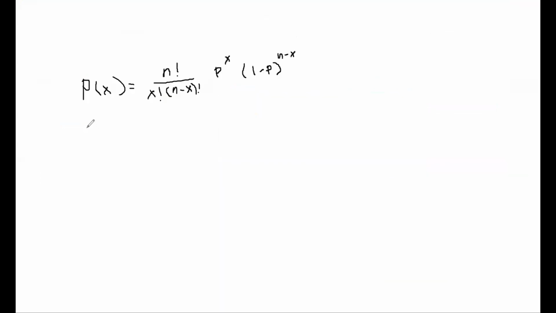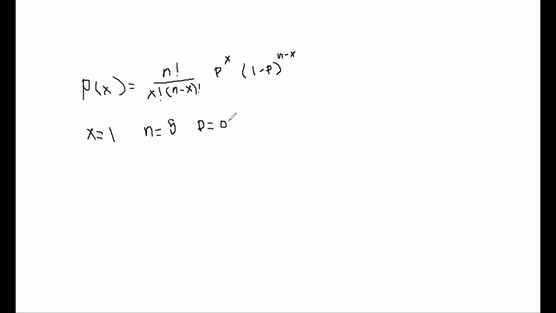So x is 1, n is 5, and what else? Probability, right? So probability of success was given, 0.1.